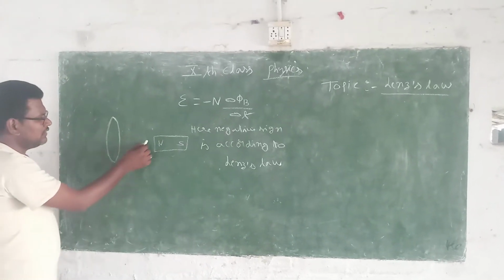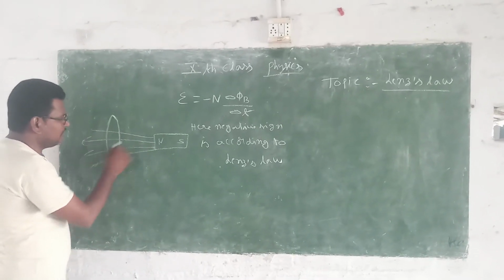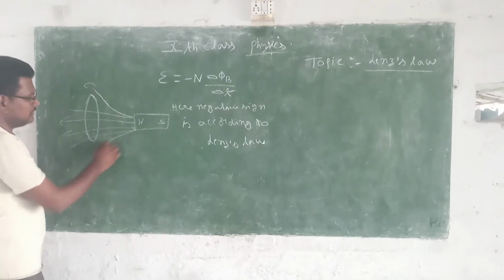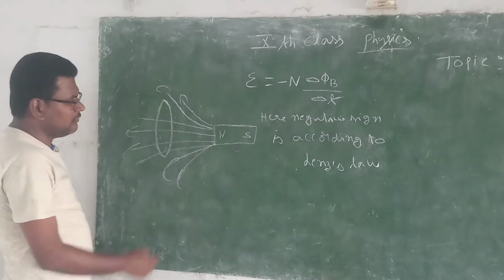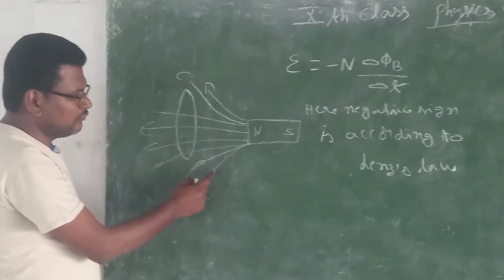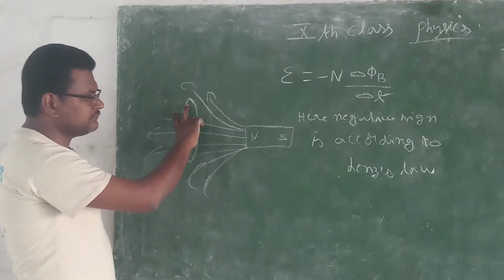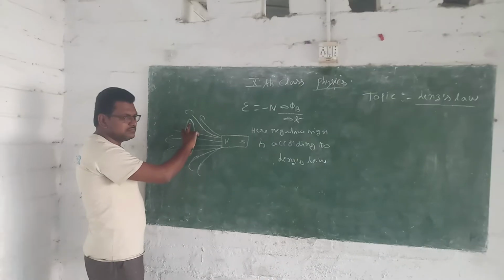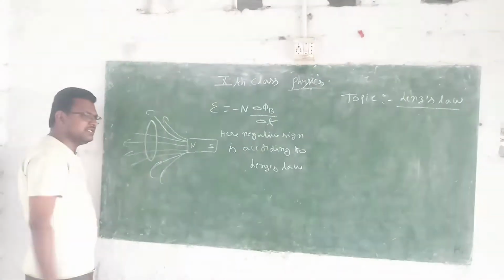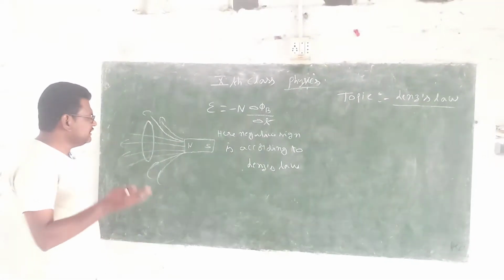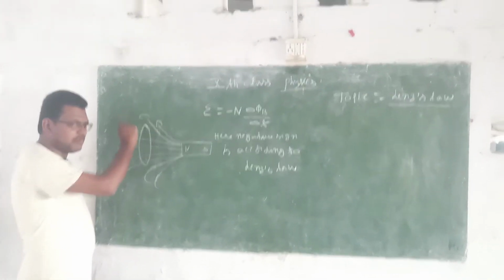See here, as we move the north pole of the magnet towards the coil, what happens? More and more magnetic field lines pass through the coil. That means the flux passing through the coil increases, and that increasing magnetic flux induces a current in the coil.